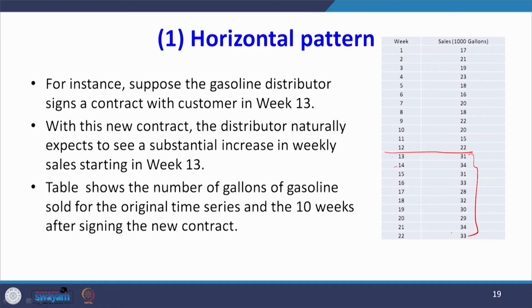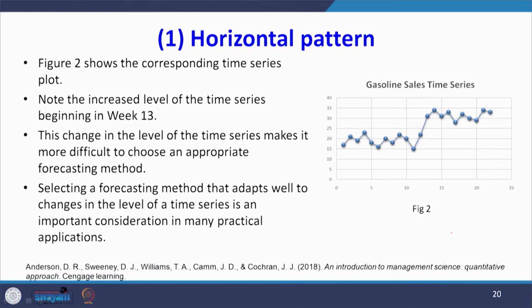The table shows the number of gallons of gasoline sold for the original time series and the 10 weeks after signing the new contract. So, there is a drastic improvement. Now, figure 2 shows the corresponding time series plot after the agreement. Note the increased level of the time series beginning in week 13.